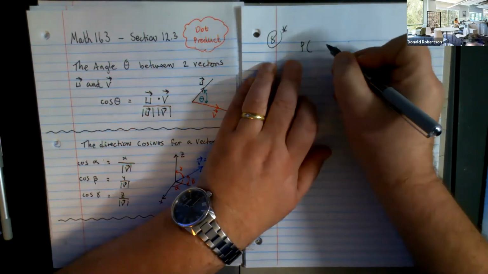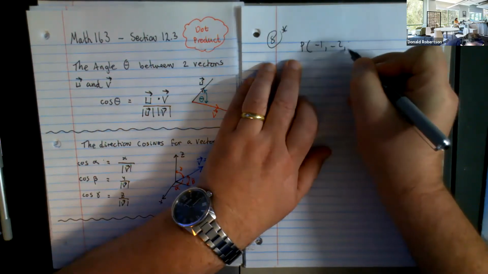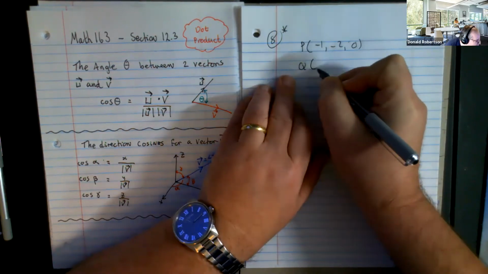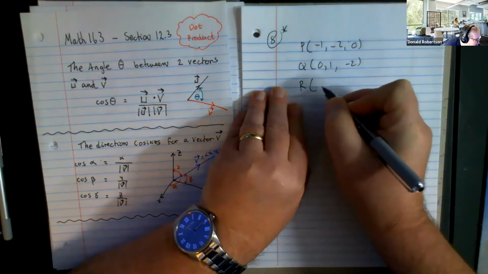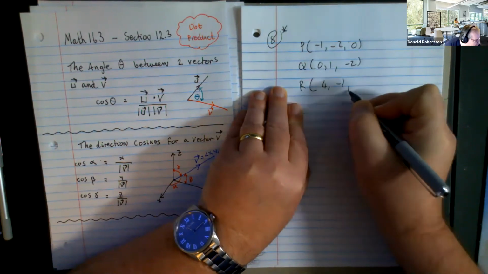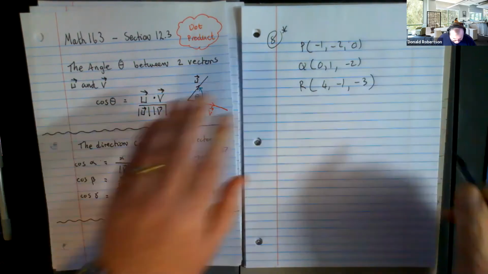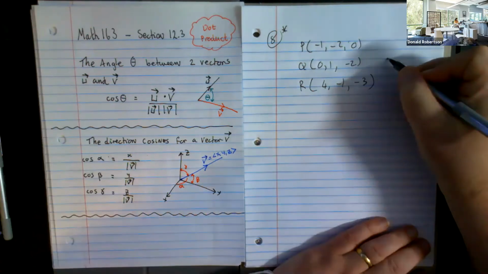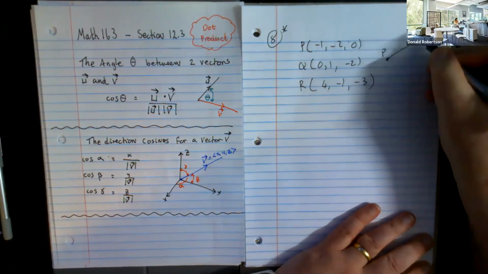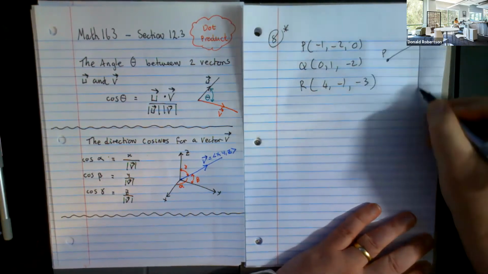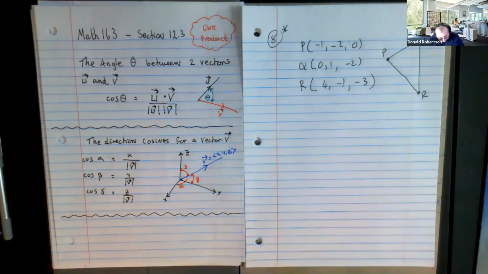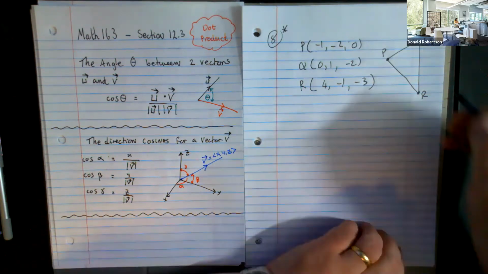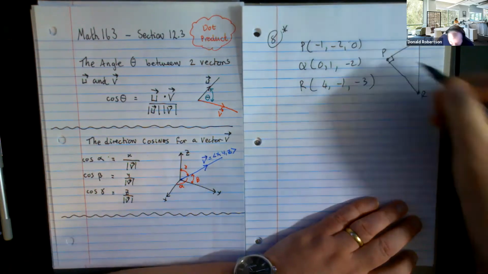P has coordinates -1, -2, 0. Q has coordinates 0, 1, and -2. And R is 4, -1, -3. Now, if you imagine that this is P, this is Q, and somewhere down here, this is R. We would like to know, is this right angled or not, right?